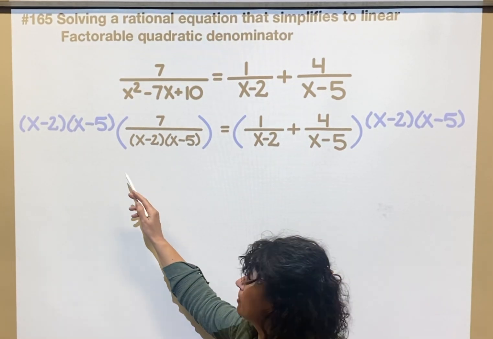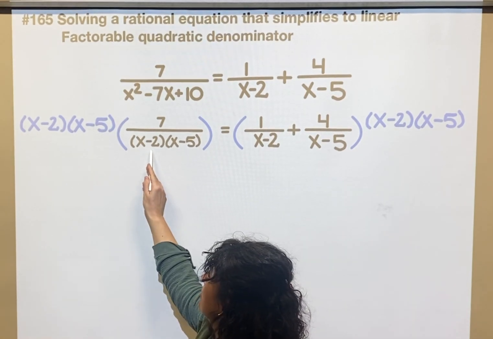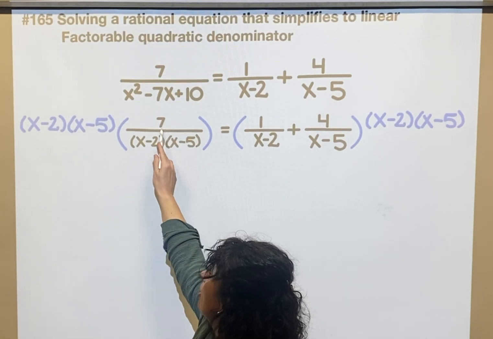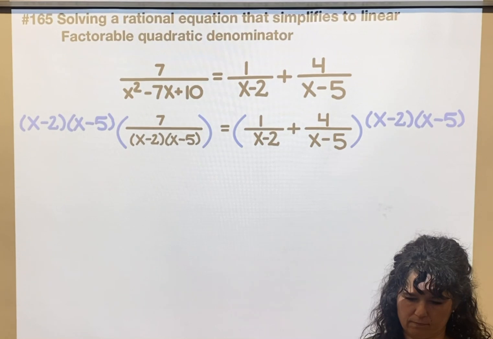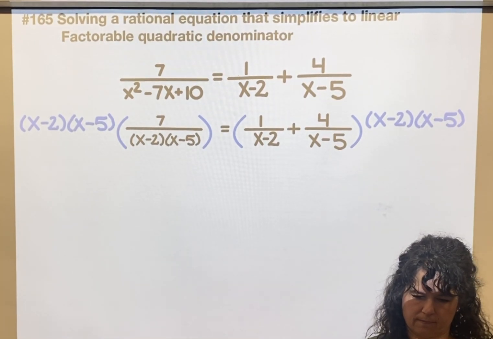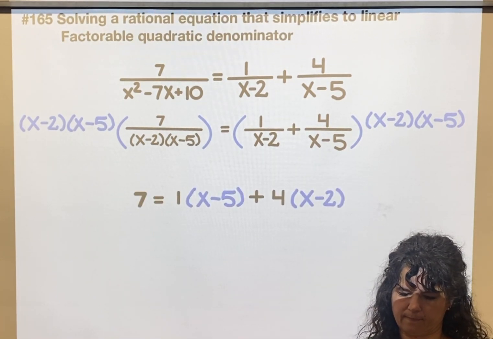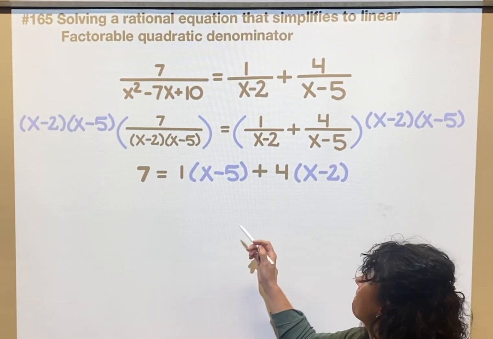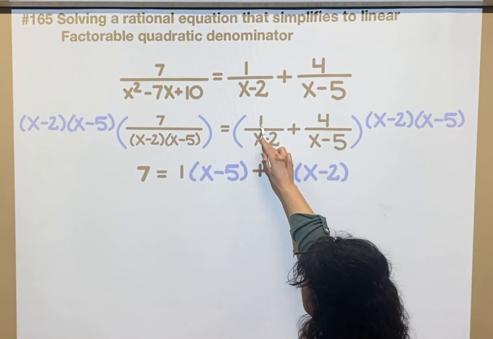Okay, so if I multiply these ones together, the x minus 2's cancel, the x minus 5's cancel, and so all I have left is 7. In this one, when I multiply, I'm going to have to distribute this through.